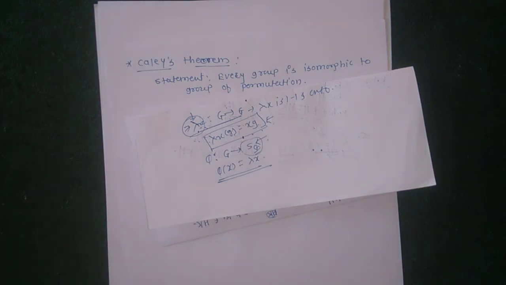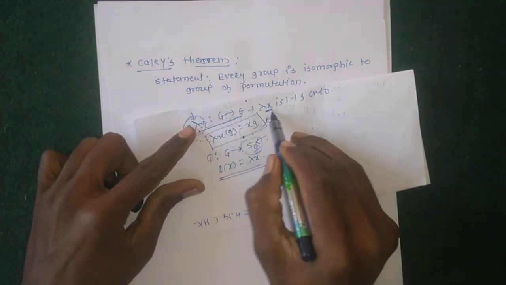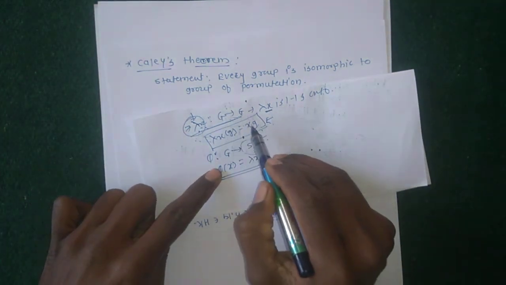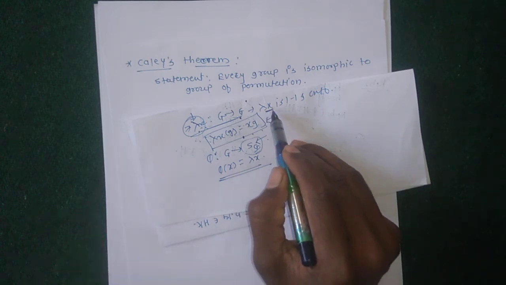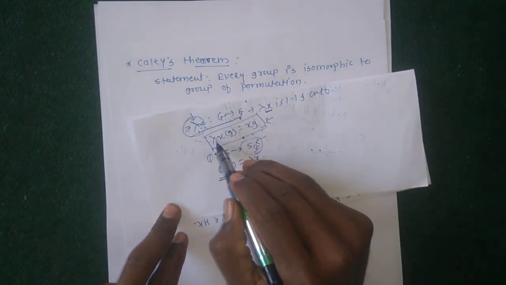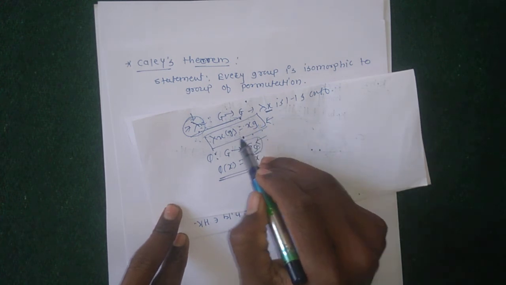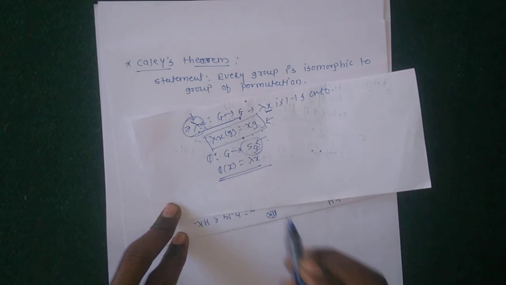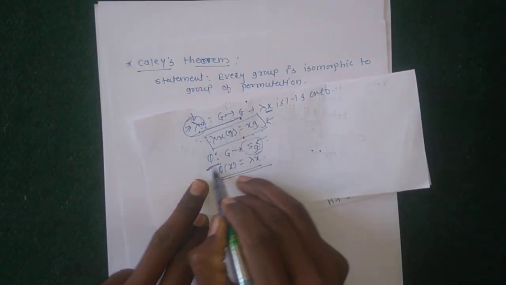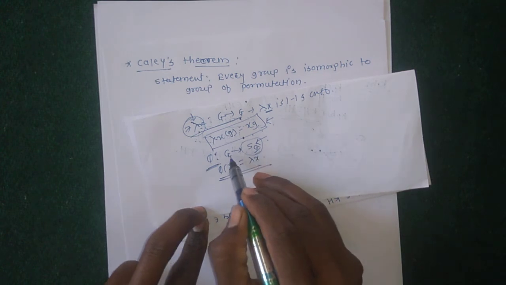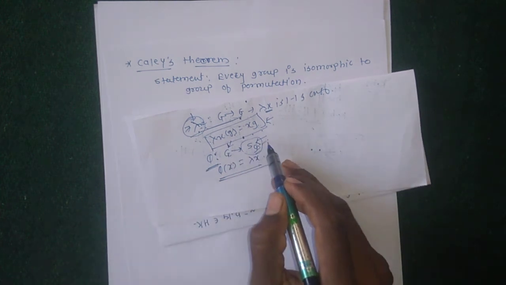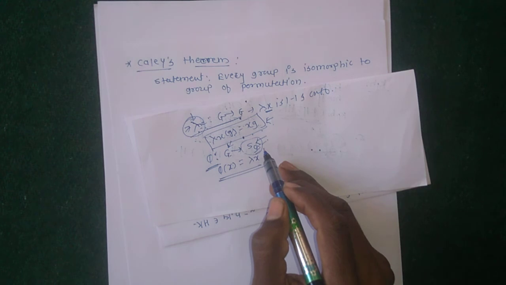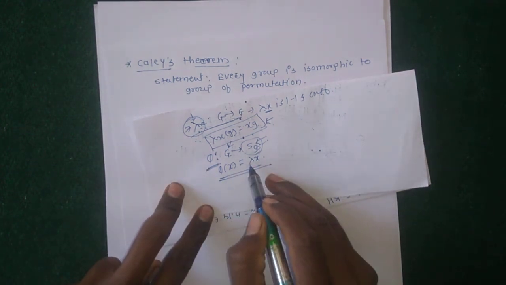The proof is very simple. Firstly we show lambda x is a permutation on G, meaning 1-1 and onto, where lambda x of g equals x times g, with x and g belonging to G. Then we define a new map from G to S_G, where G is any group and S_G is a permutation group, by phi of x equal to lambda x.